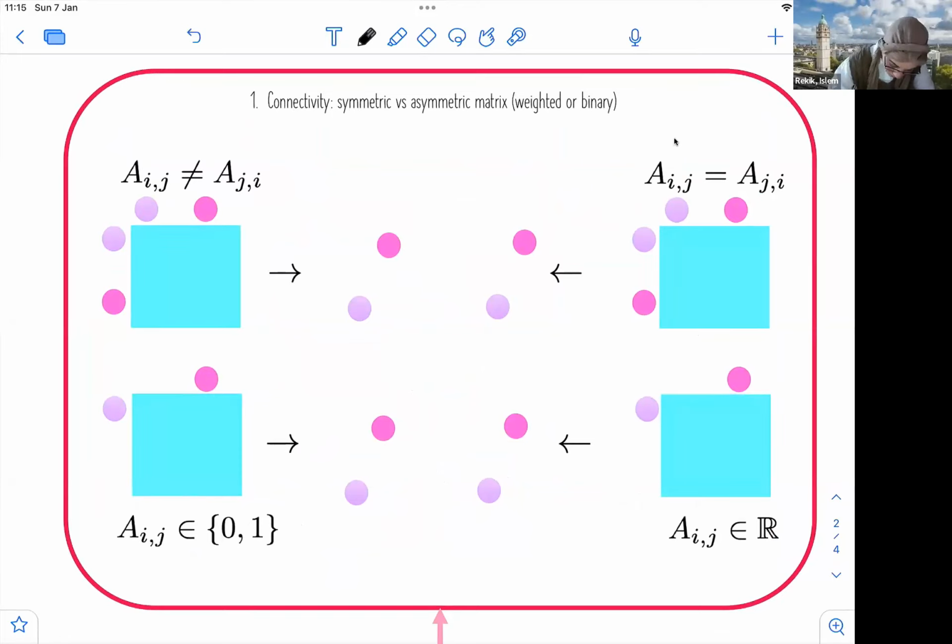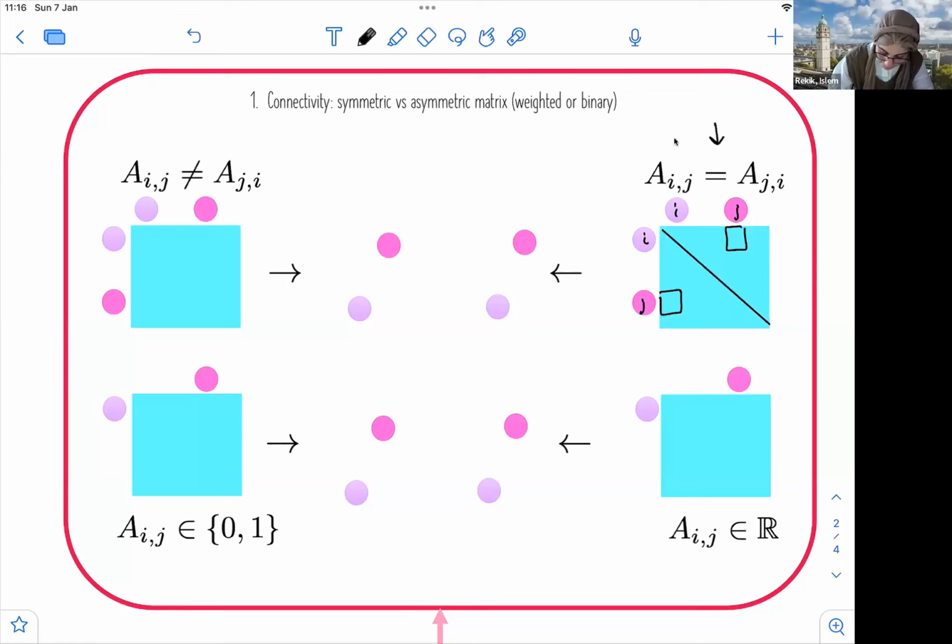So for example, in this case, let's look at this adjacency matrix A. And we have two pairs of nodes. So this is node, call it I, connected to J. And here, J to I, right? So these two elements are actually symmetric.